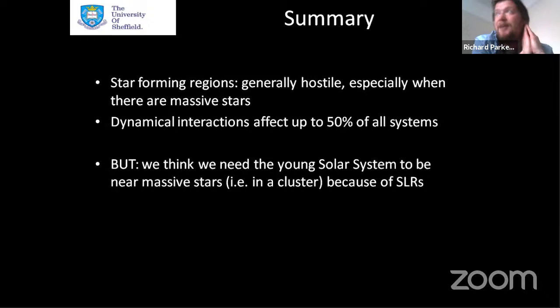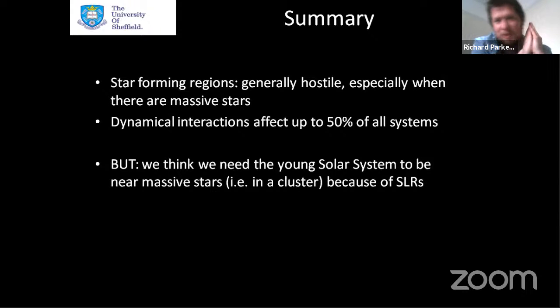We think, and this is work that Emma Daffin-Powell, one of my students, is just about to submit for publication, we think we can separate planets that are what we call preserved, so they're orbiting their initial parent star, versus planets that are formed via capture versus planets that are stolen.